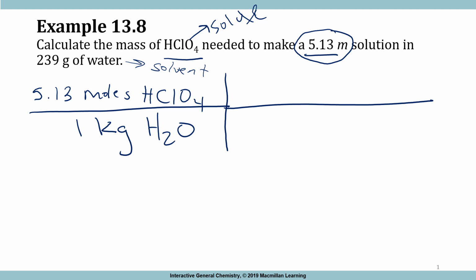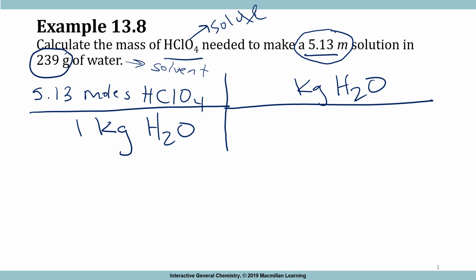So I'm going to have to find a way to get rid of the kilograms on the bottom. What am I going to have to multiply this by in order to do that? I'm going to have to multiply by the kilograms of water.